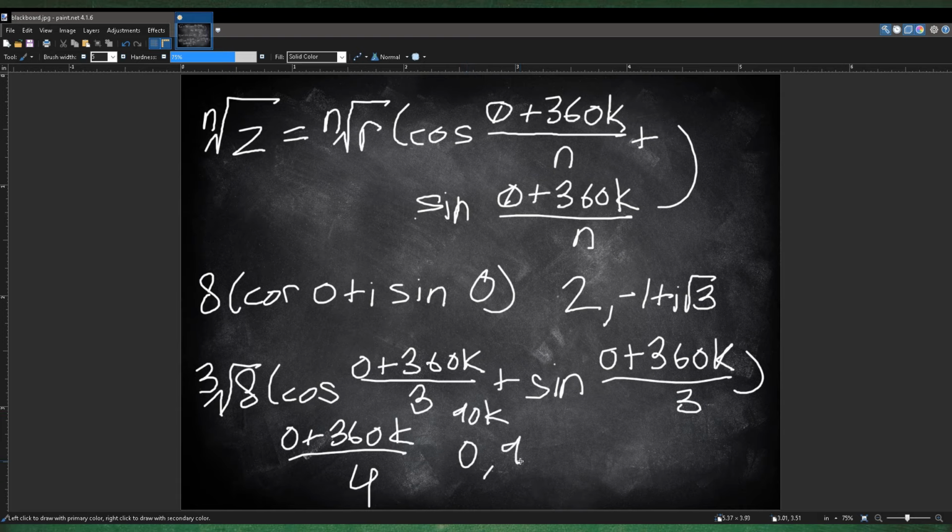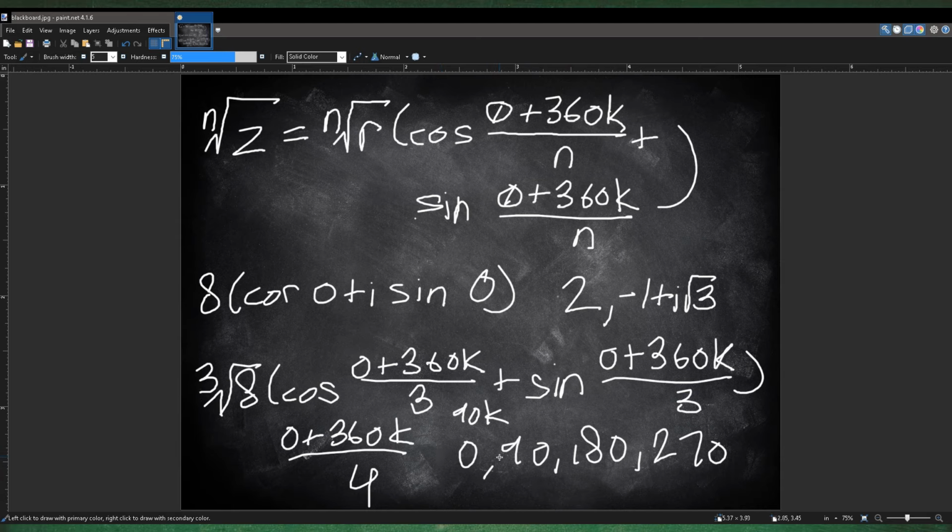Add 90 to get the second angle, add another 90 to get 180 for the third angle, and add 90 to that to get 270 for the fourth angle. Those are all 4 angles. If you add 90 to 270, you get 360, which is 0, so you get back the first angle. So these are all 4 complex roots.